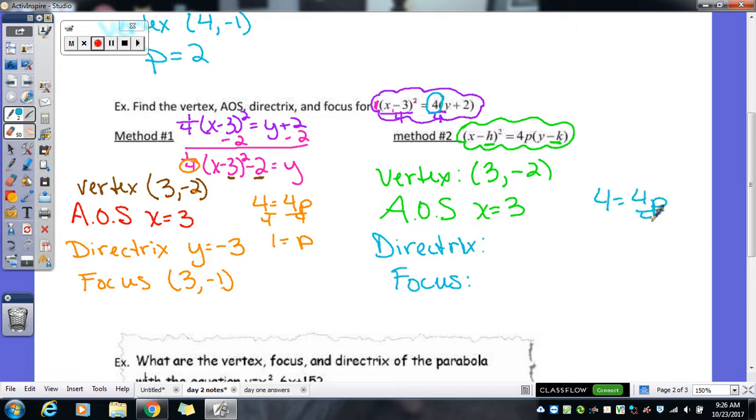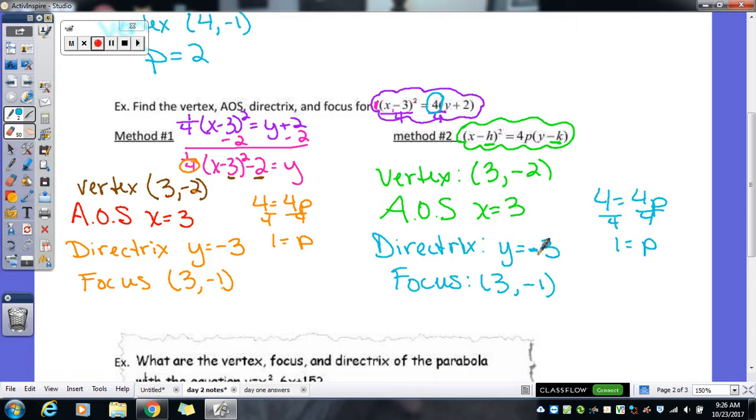And then you can solve for p. So we still have a p-value of 1. So that means our focus is 1 unit up from our vertex, and our directrix is 1 unit down from your vertex. So you still get the same numbers.